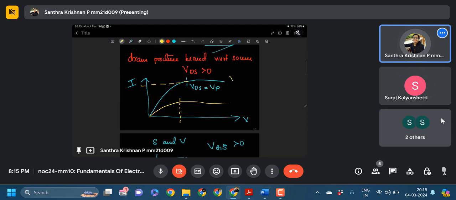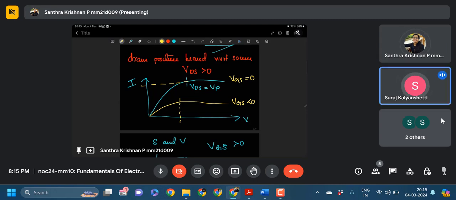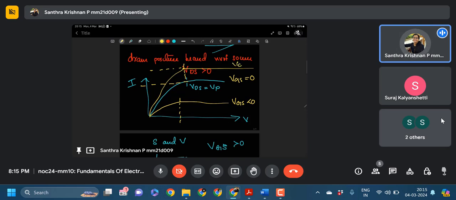So this is VGS equal to 0, that is when G and S are shorted. This is VGS less than 0. And suppose you are going for a higher VGS value, greater than 0, pinch off will happen later. That is VGS greater than 0.